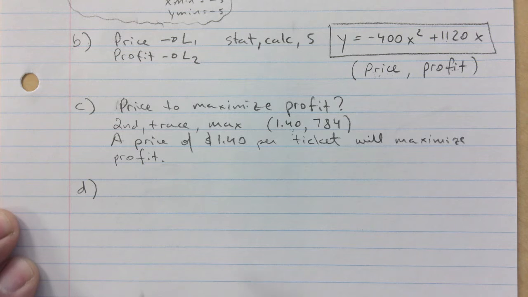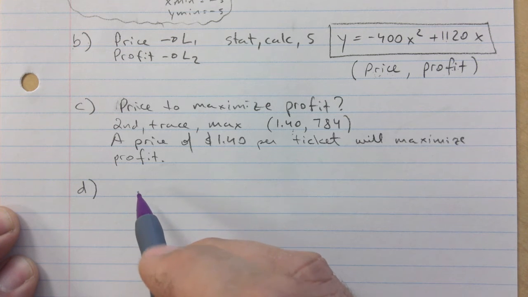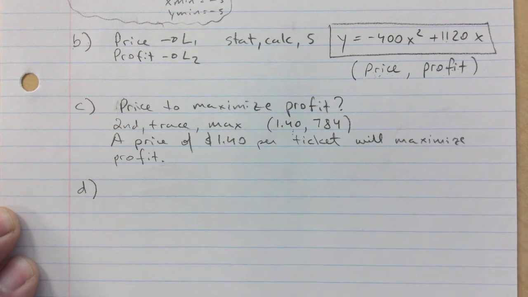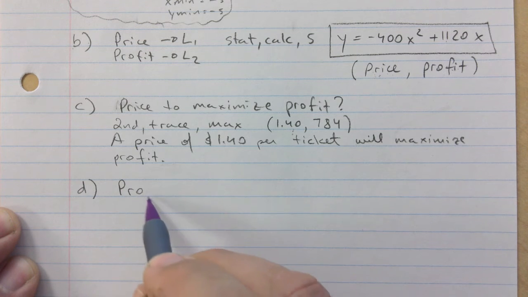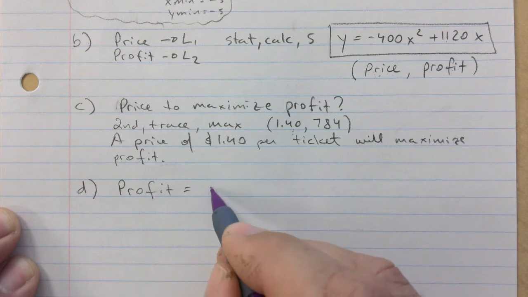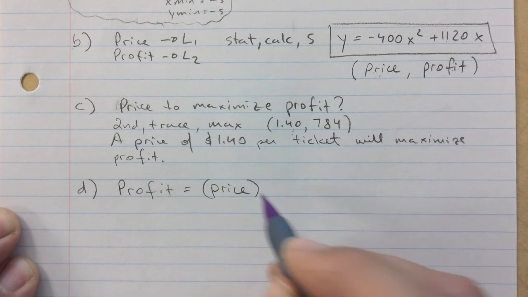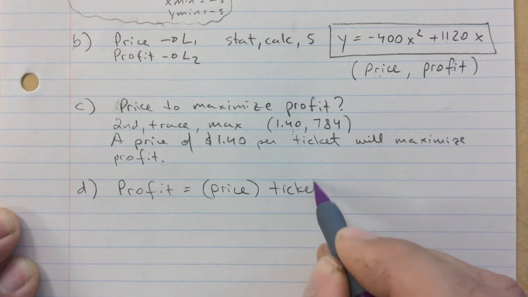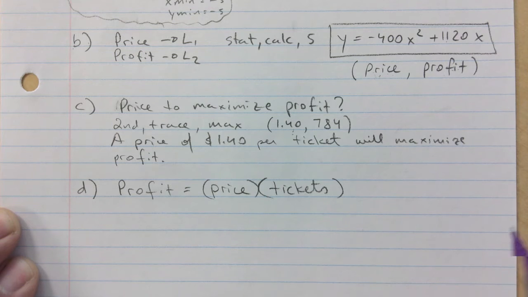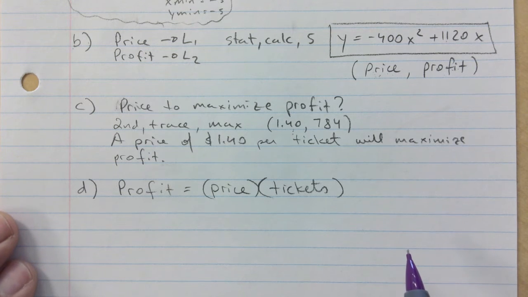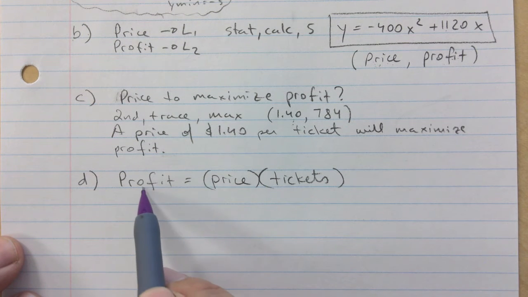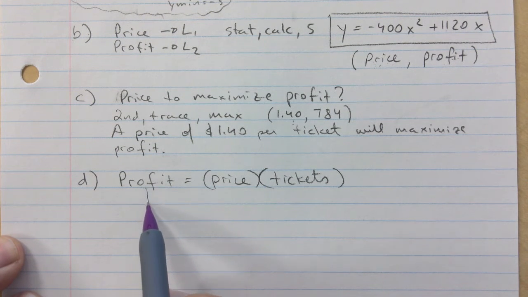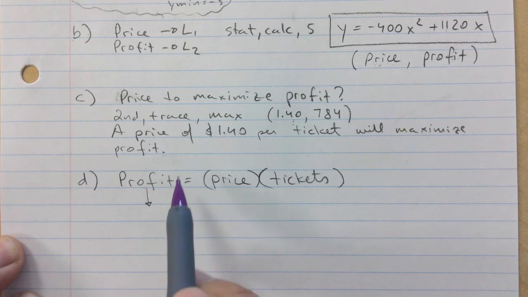D, how many tickets would you expect to sell? And this is where I use the formula. Remember that profit is the price times the tickets. So what is the profit in C?